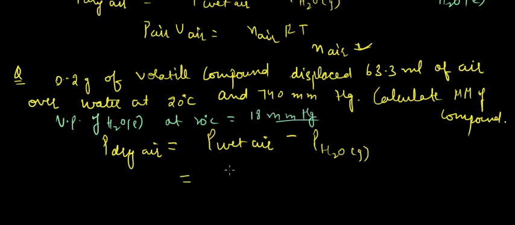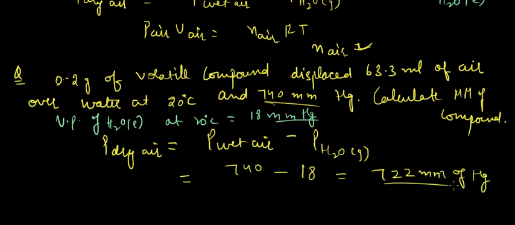So putting these values in, pressure of wet air is given as 740 mm of Hg, and the vapor pressure is 18, so the resultant would be 722 mm of Hg, the pressure of dry air.